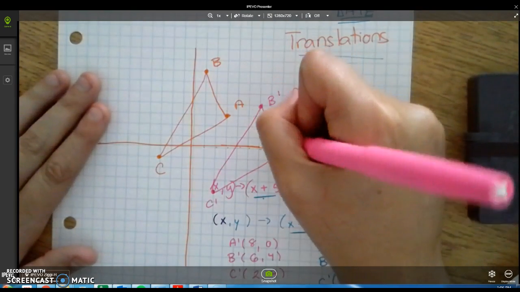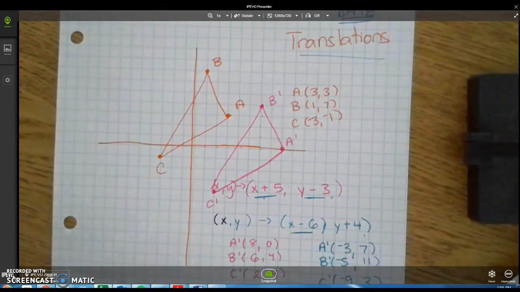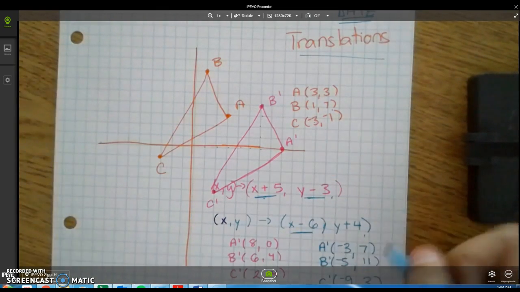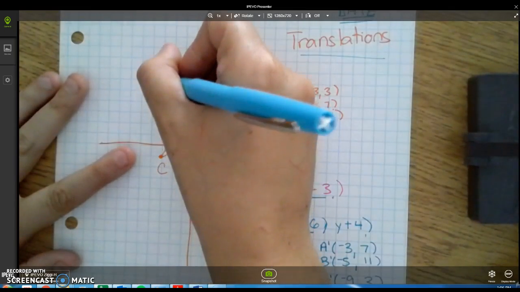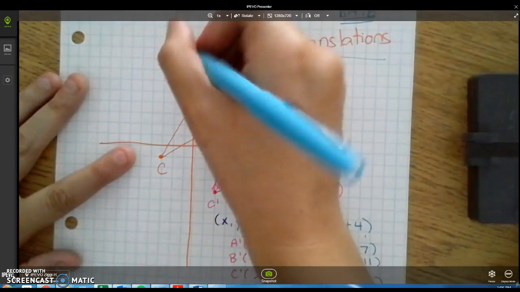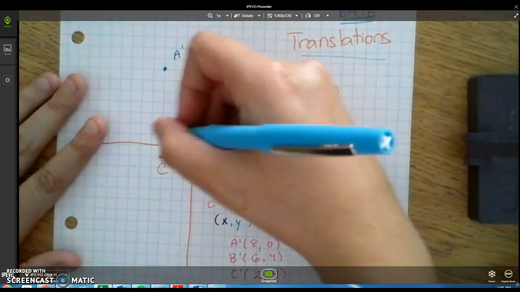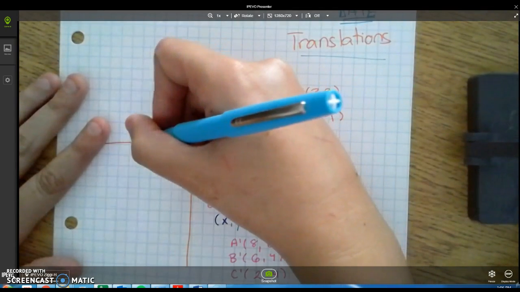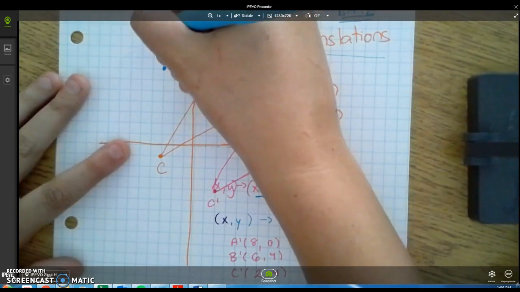Remember, translations will be facing the exact same direction, they've just moved. And we'll do our B, our blue. Negative 3, 7, 1, 2, 3, 4, 5, 6, 7 is A prime. B is negative 5, 11. 1, 2, 3, 4, 5. That was just 7. 8, 9, 10, 11.